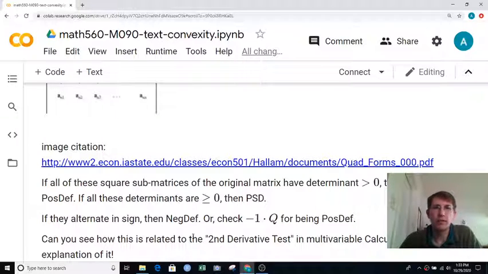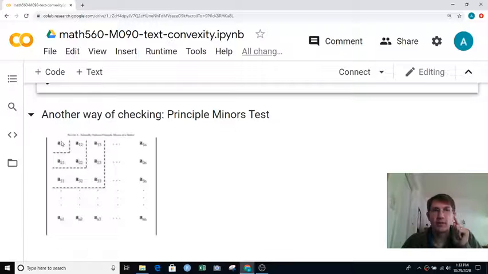So maybe it's a little clear now where the second derivative test in Calc 3 comes from. The second derivative test is that the determinant of this 2 by 2 matrix is positive, which is this times that minus this times that, and that this first element is also positive. So that's just the first principal minor and then the main Hessian matrix of a two-variable system.